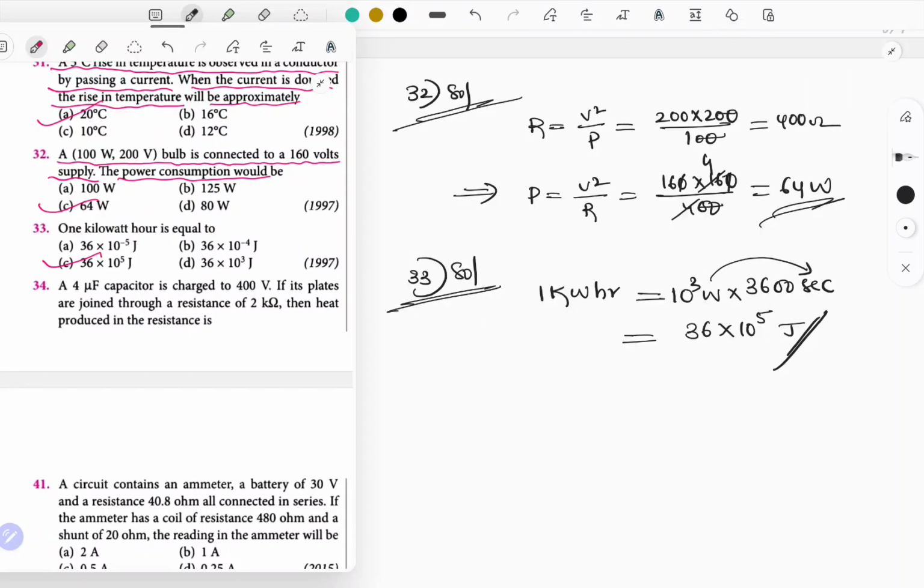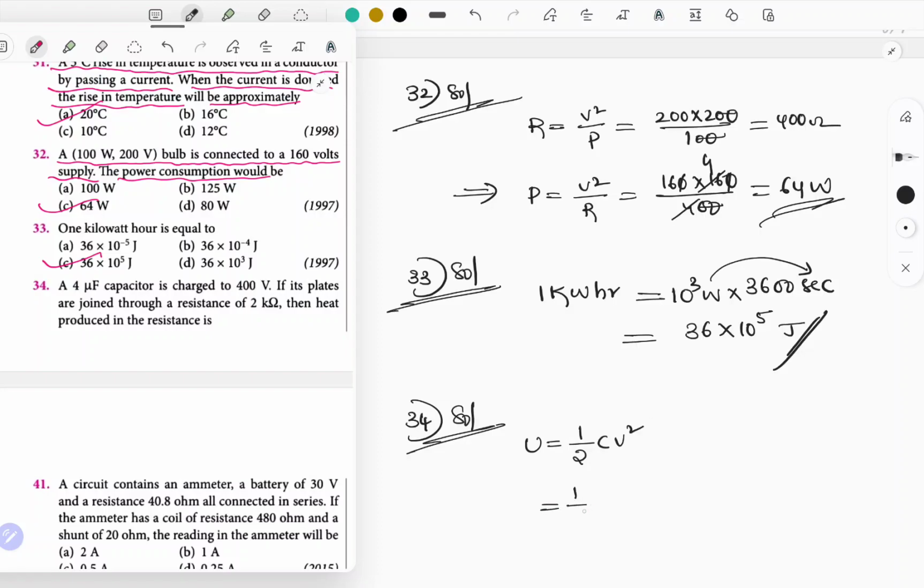Observe question number 34. A 4 microfarad capacitor is charged to 400 volts. If its plates are joined through a resistance of 2 kilo ohm, then heat produced. So first of all, we have to understand how this heat is going to be produced. Initially the capacitor plate is charged to 400 volt. That means it will store energy. So energy stored is 1 by 2 CV squared.